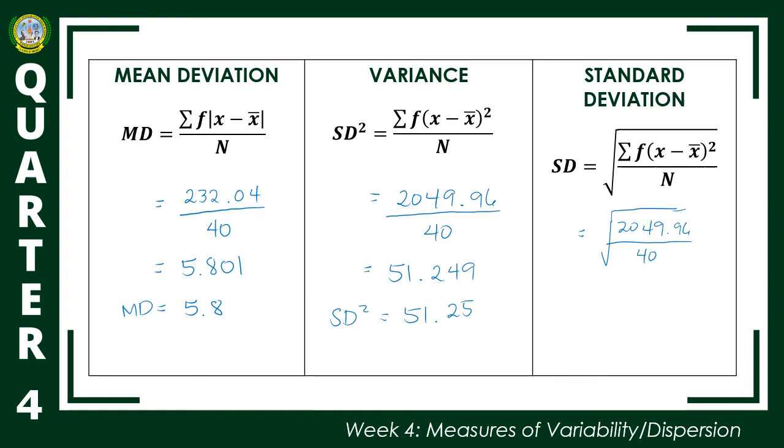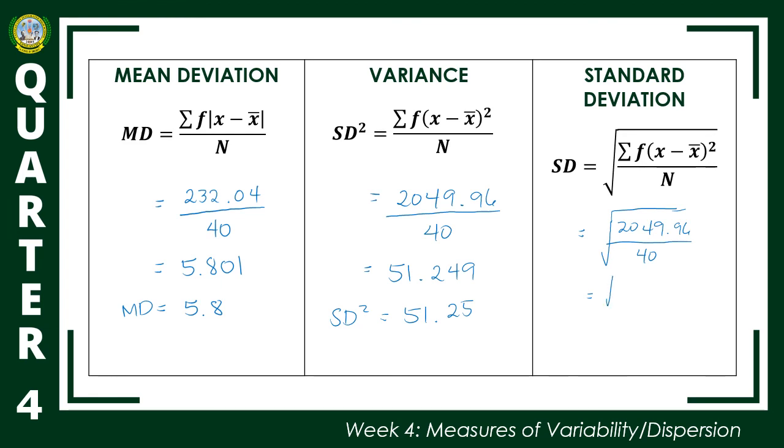Okay? So, sabi ko nga po, pagdating sa standard deviation, ang i-square root nyo ay yung actual na quotient, hindi po yung value na ni-round off natin dun sa variance. Okay? So, di ba yung actual na quotient ng 2049.96 at saka ng 40 is ito, yung 51.249.